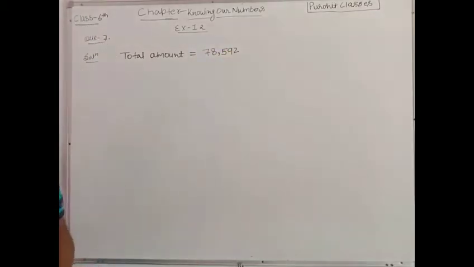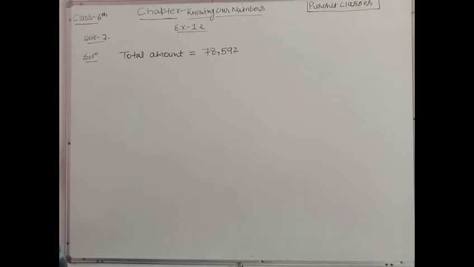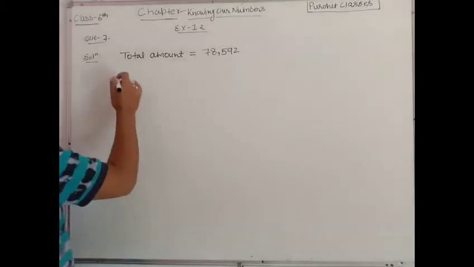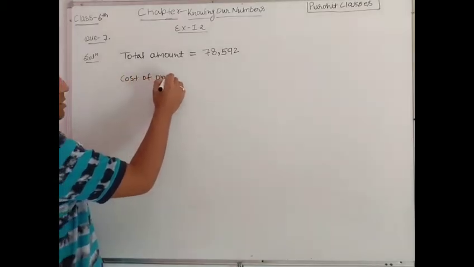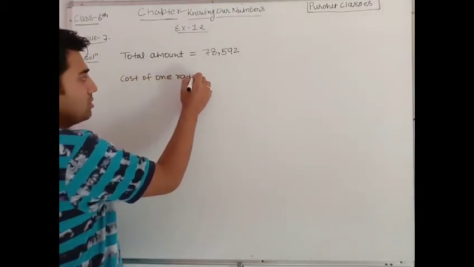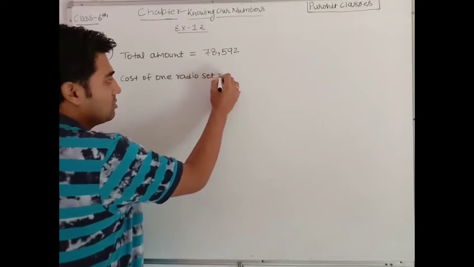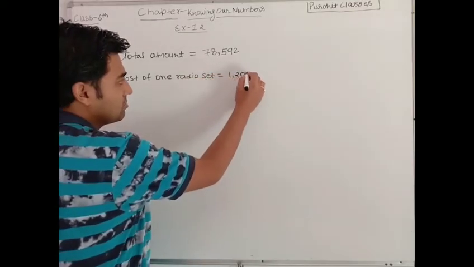Okay. Now next statement is, she placed an order for purchasing 40 radio sets at rupees 1,200 each. Each means the cost of one radio set is 1,200. So let us write cost of one radio set is equals to 1,200 rupees.